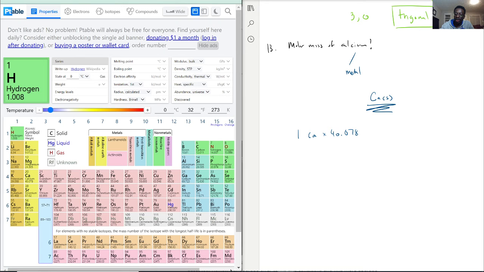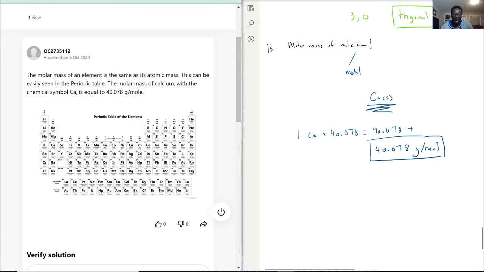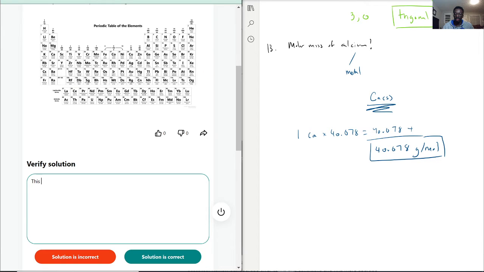And because that's all we have, that equals 40.078. If you add that, we're really just adding itself. So we have 40.078 grams per mole, because the only constituent here for calcium is just a calcium element. So this is what we have, 40.078 grams per mole. And this is correct.